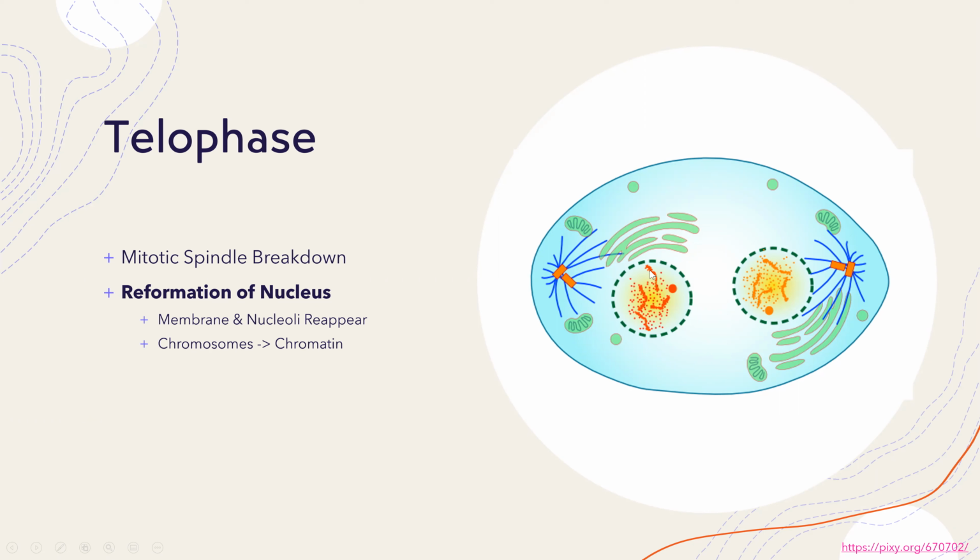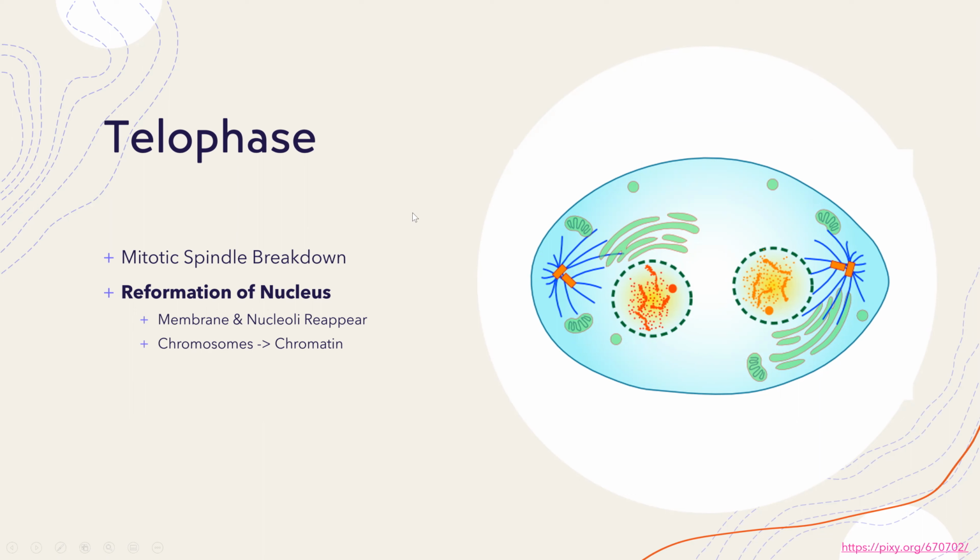And in this nuclear membrane, the chromosomes get to uncondense back into chromatin and back to the form that they were in during interphase. And the key thing to remember here in mitosis is that both cells, if everything goes properly, will get an identical complement of DNA. They will be the exact same in terms of the genetic material that they have.